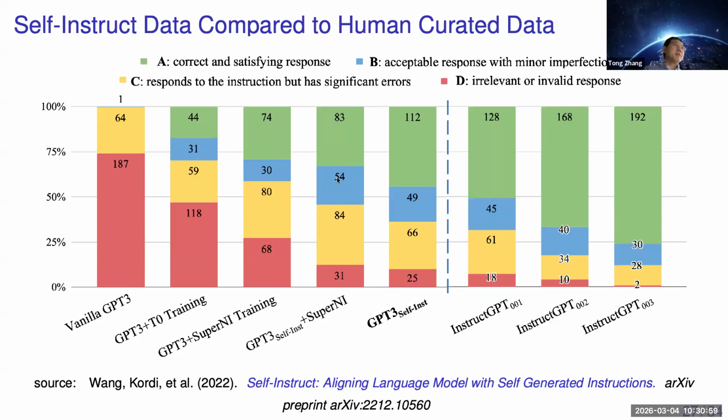If you look at this, they claim they are improved. Here is without even super natural instruction, and then you get this. So this is something they show.